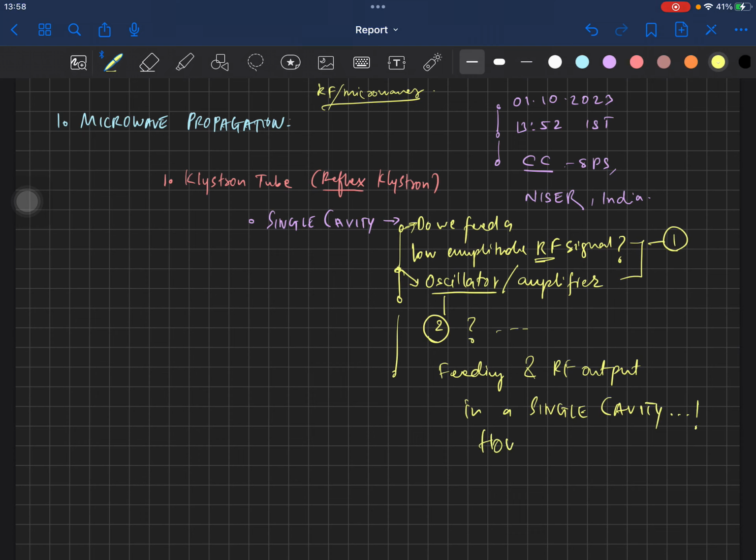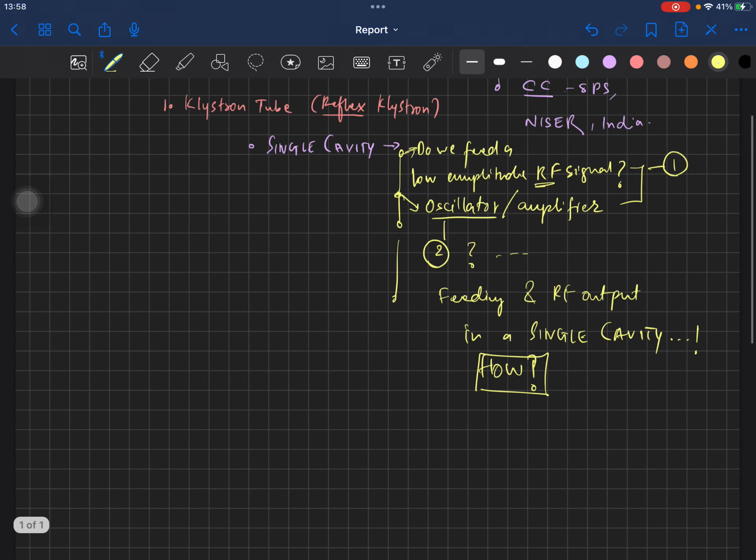How? Okay, that's the first thing. The second thing is, okay, you produce your RF output. Basically, you're amplifying or oscillating.